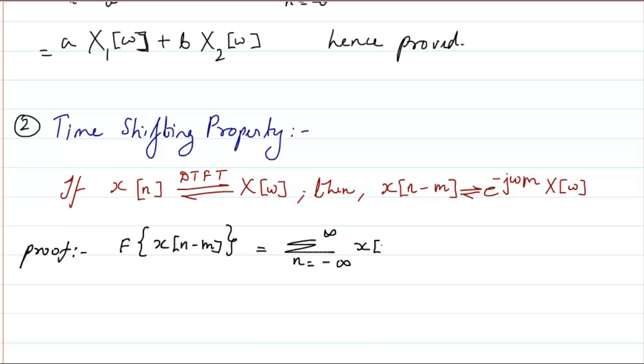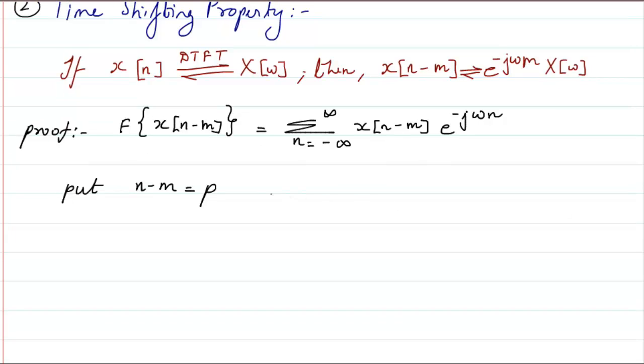Instead of x of n, I will write x of n minus m e raised to power minus j omega n. Now we can put a new variable for n minus m. Let me put a variable p. So based on that, now the summation will change from n to p. Similarly, inside the equation also it will change.